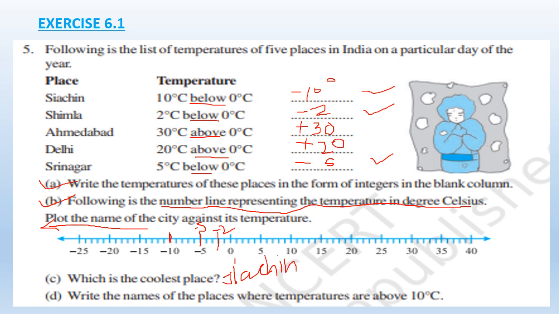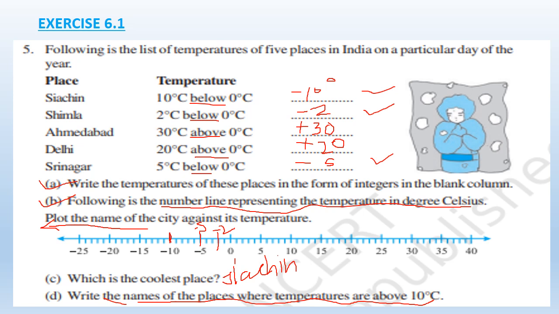Okay, now next, write the name of the places where temperature are above 10 degrees Celsius. Now where is the temperature above 10 degrees Celsius? Now you can observe here, above 10 degrees Celsius, 20 is there and 30.